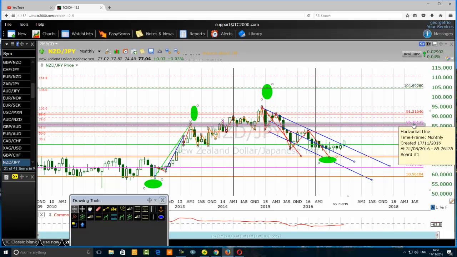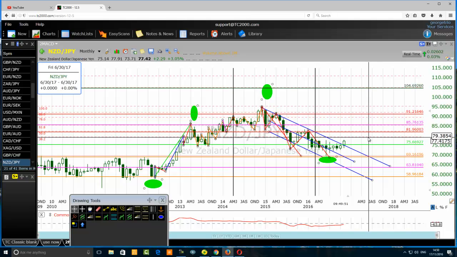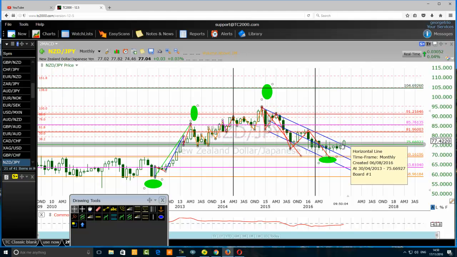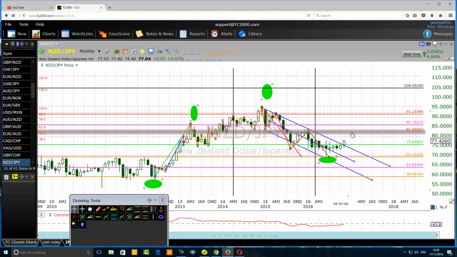There is another level here. Remember 7938 also. There is a resistance there at 7938, at 8576, and also at 9121. But the ultimate bullish target, if it continues to go up, is the 50% Fibonacci retracement level at 8196.